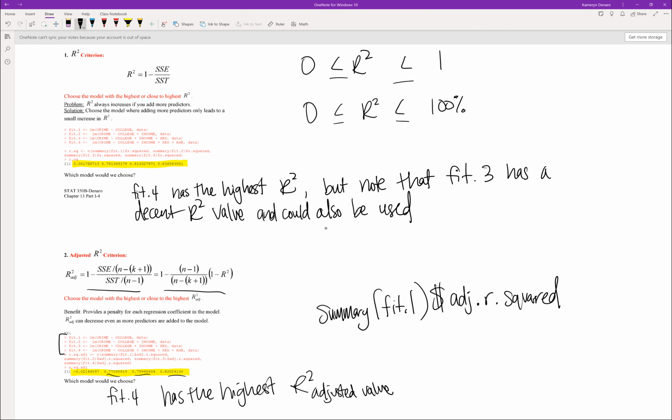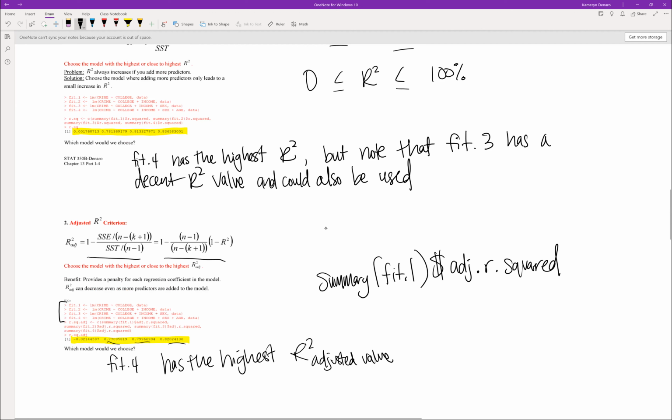They all do particularly well. But overall, we're probably going to choose model 4, or maybe even model 3, right? If you're just going based on the numbers, you would choose model 4. If you're looking at how well of a fit and the fact that age and college are somewhat collinear because of the correlation between the two, then maybe you'd choose fit 3.